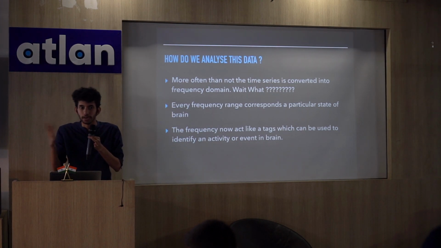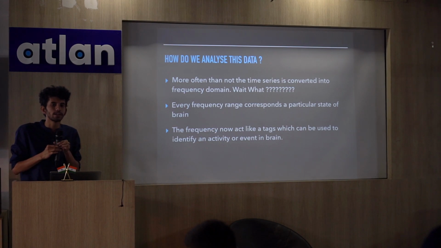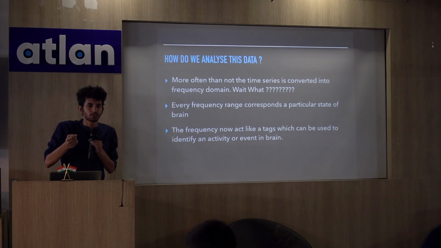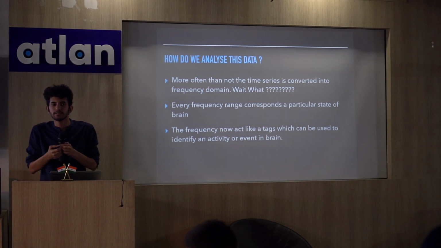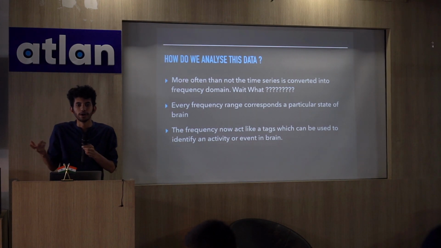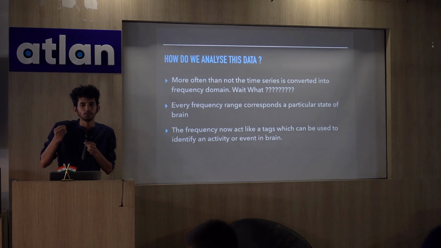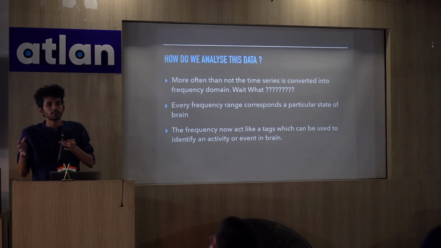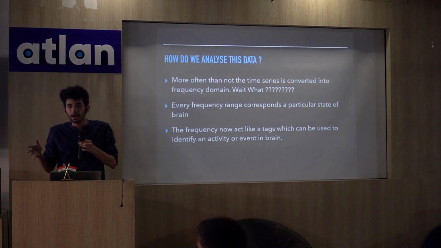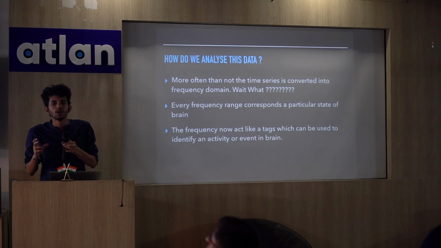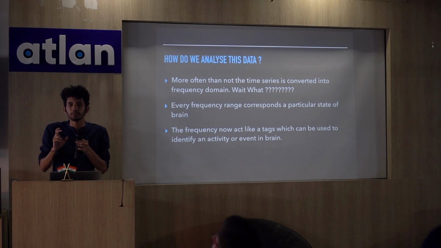Now what's the difference? Time series data tells you information which can be, let's say, the temperature of the day, or how much pollution there was at every single moment of time. What frequency domain data actually tells you is how much of the data was present in that frequency.